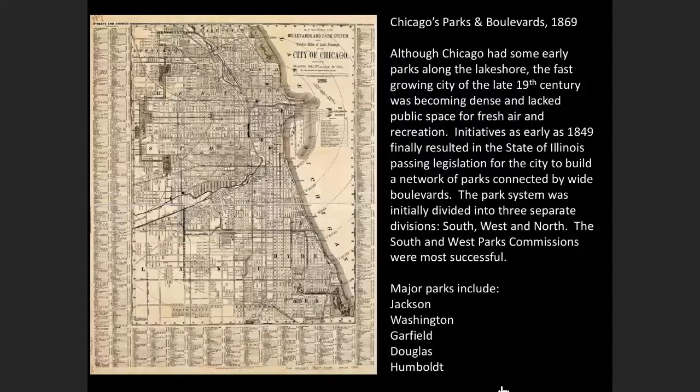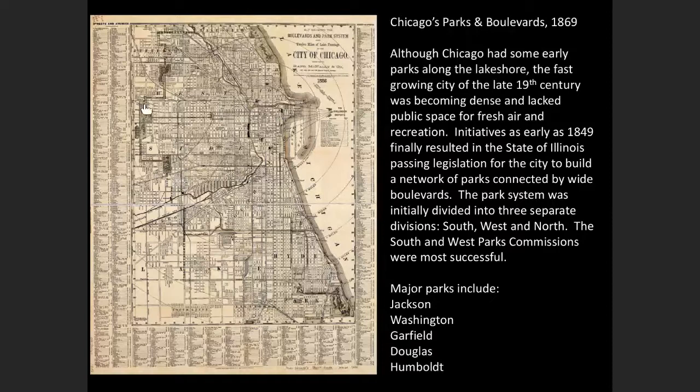Lincoln Park, on the north side, was an existing park that was already along the lakefront, so it was incorporated into the system they were developing, but it wasn't one of the new parks they had created. Here in the lower left corner, that's Jackson Park. We've got Washington Park a little bit west of that, right in this area.